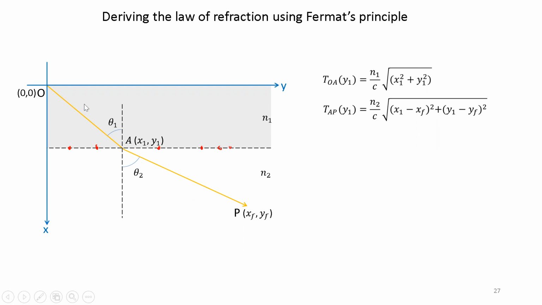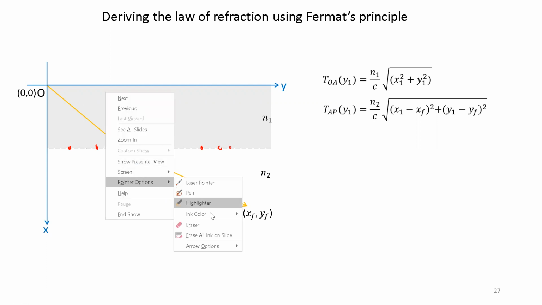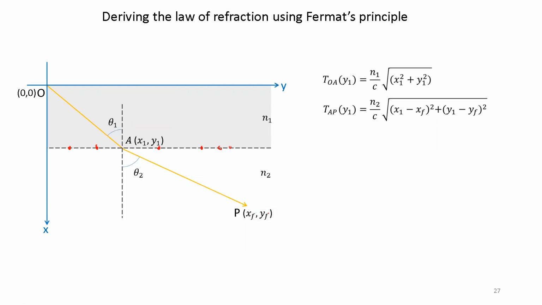The speed of light in this region, which I call V1, is C divided by N1, and the speed of light in this region, V2, is C divided by N2. That's how I got the time for this part and the time for this part.